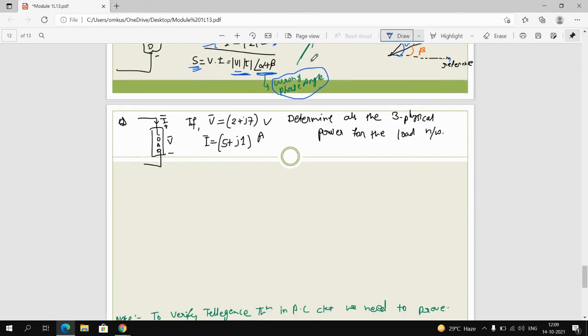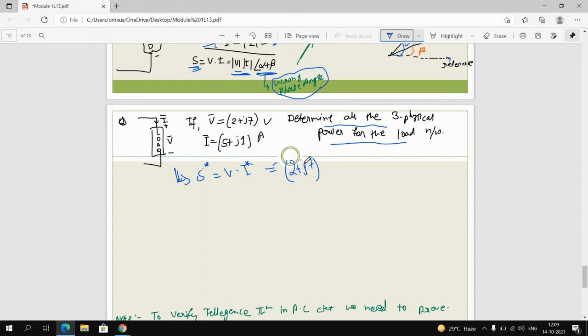So similarly, see this problem here, you need to determine the three powers of the load, that is, apparent power, reactive power, and real power. So first of all, use the complex conjugate method. Apparent power is equal to V into I conjugate. Now V into I conjugate, what is the value of V? V here is 2 plus J7.